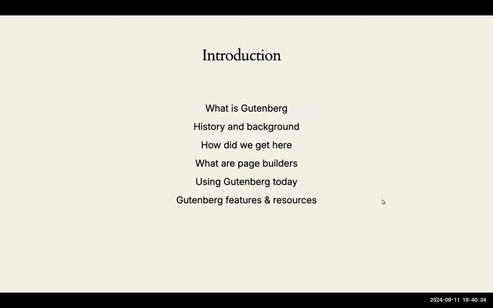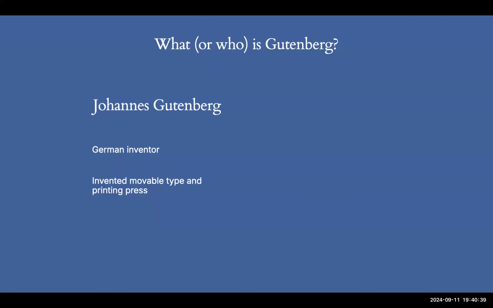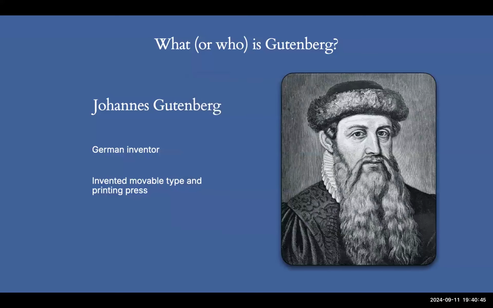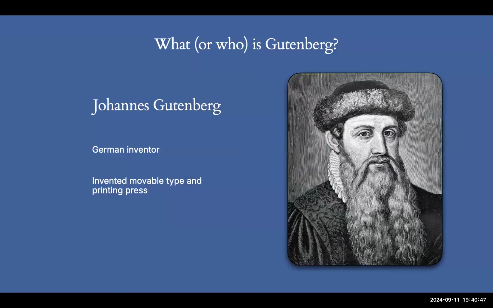So firstly, you might be thinking, what is Gutenberg? Well, I'll also say maybe who is Gutenberg, because Gutenberg was a German inventor. Thinking all the way back to 1440, really way back in history, Johannes Gutenberg invented the mechanized printing press.